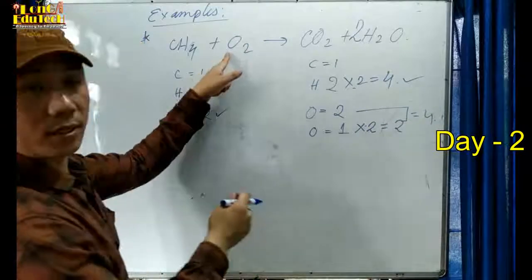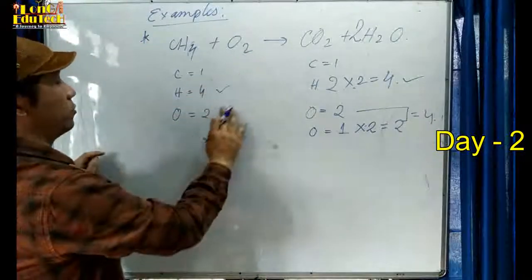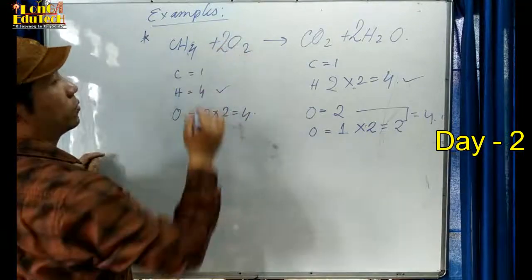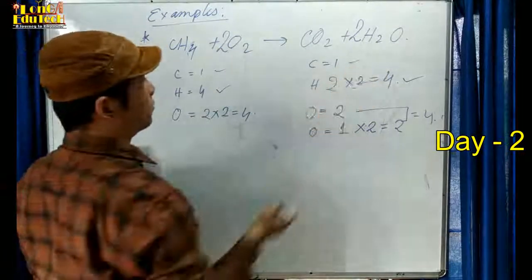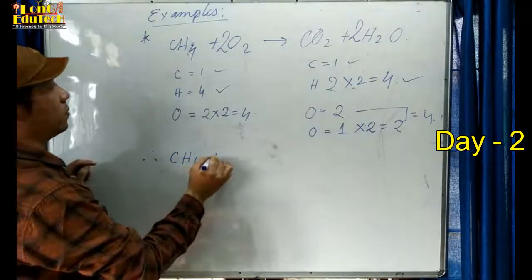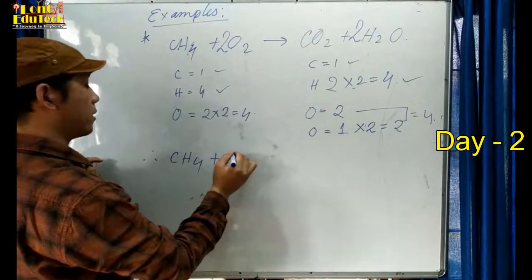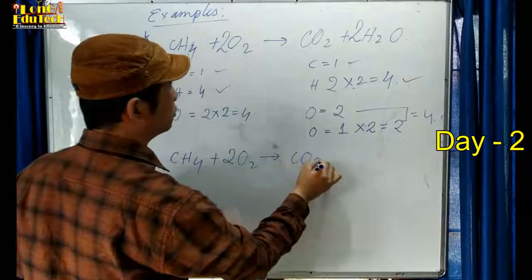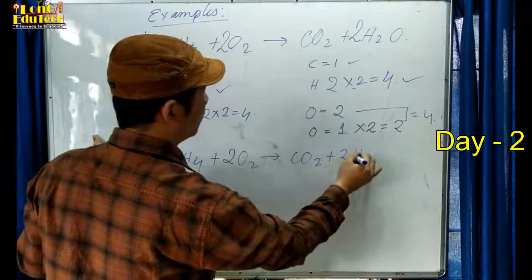Then the oxygen here is single 2, so you will multiply with 2, 2 twos are 4, then you put 2 here. What about carbon? Carbon 1, carbon 1. So the answer is CH4 plus 2O2 gives CO2 plus 2H2O.